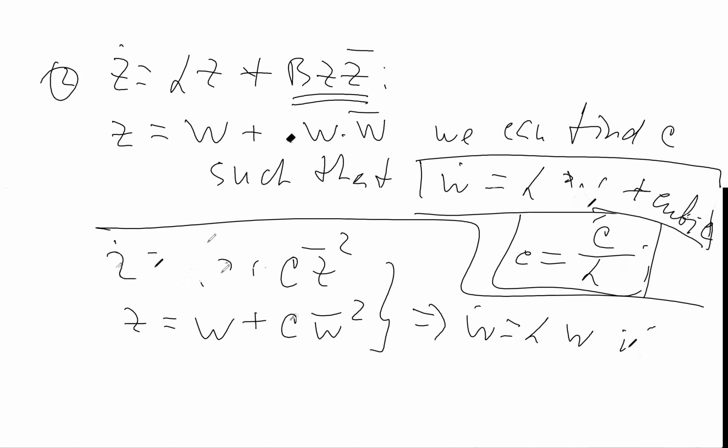Just to make it consistent, I will call it b small and here b capital. So c should be equal to c capital divided by, it is more complicated, 2 lambda complex conjugate divided by lambda.